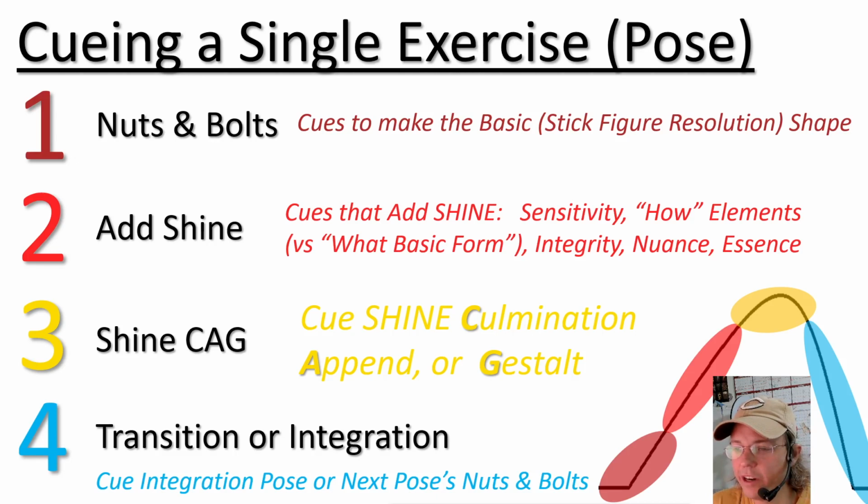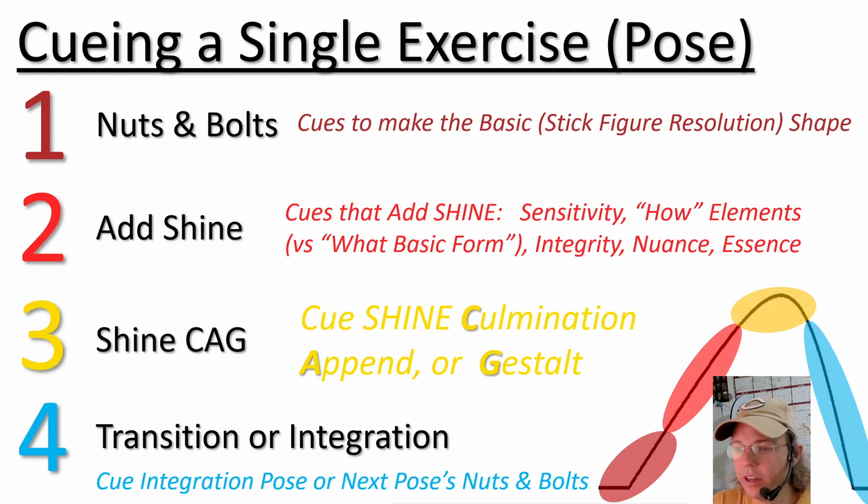The second part is to add shine. And so adding shine means, okay, we got the basic shape. Can we make that basic shape a living pose, a living human cultivating pose for the body? And so really just anything that brings life to the body, almost anything that you can think of for a pose that isn't cueing the basic shape is shine. Right? It's giving life to the pose and action to the pose.